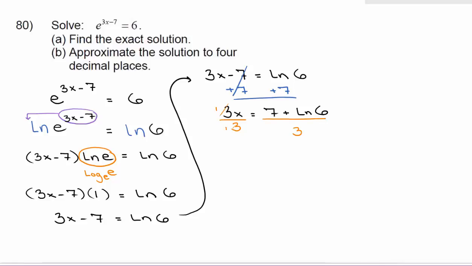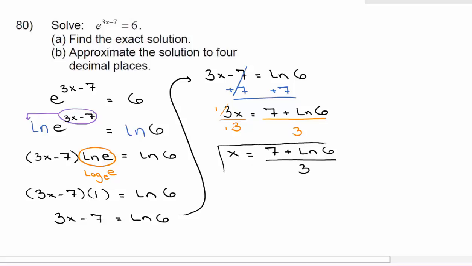And we'll just be left here with x is equal to 7 plus the natural log of 6 all over 3. This represents my exact solution.